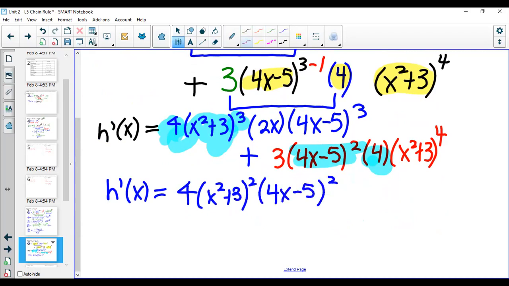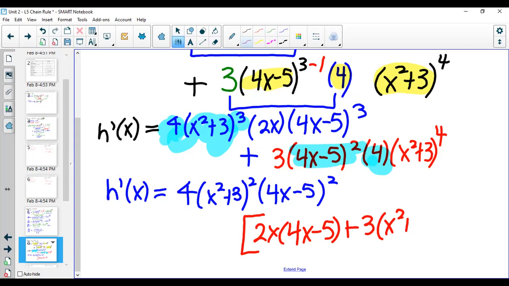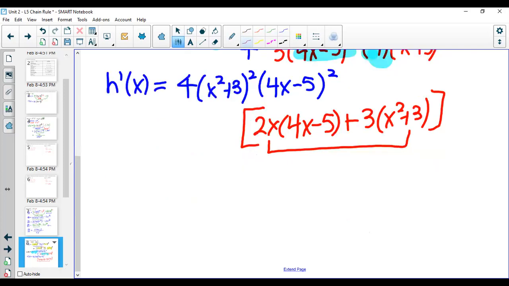When you take the greatest common factor out, you're left with 2x times 4x minus 5 plus 3 times x squared plus 3. So all that's left to do now is expand the square brackets. So h prime of x is equal to, in black, my greatest common factor.